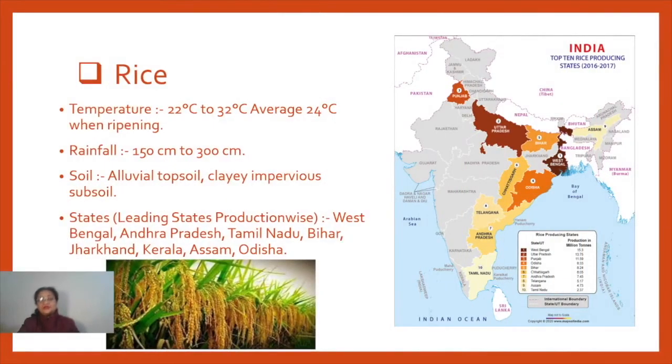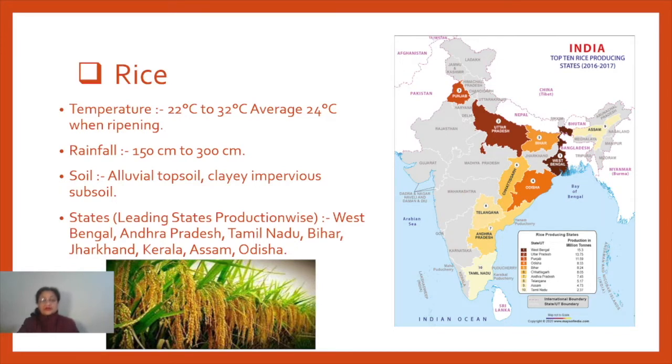Under the food crops in India, rice and wheat are the major crops being grown. You will find that a larger part of India is covered by rice cultivation or wheat cultivation, right? As you all know, rice and wheat are cereal crops.